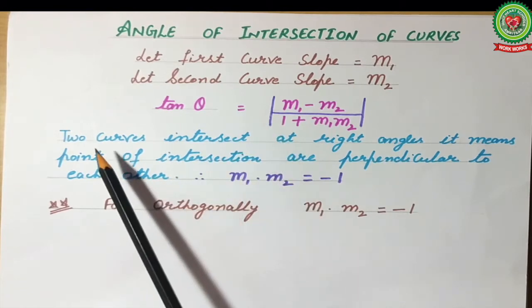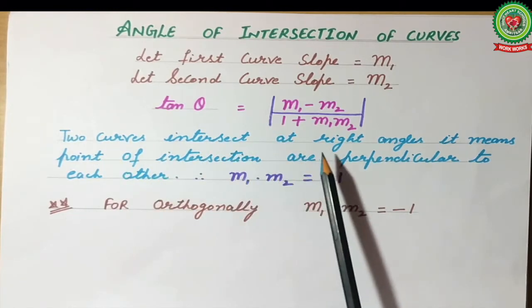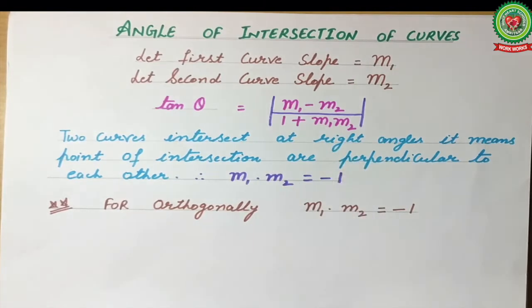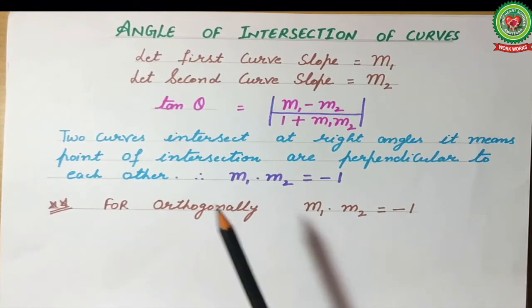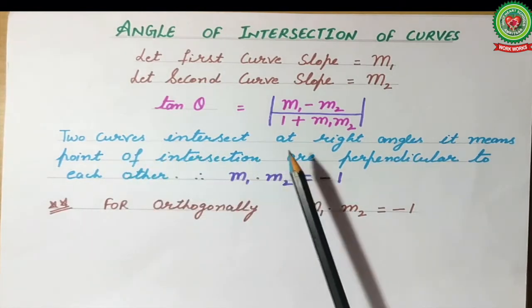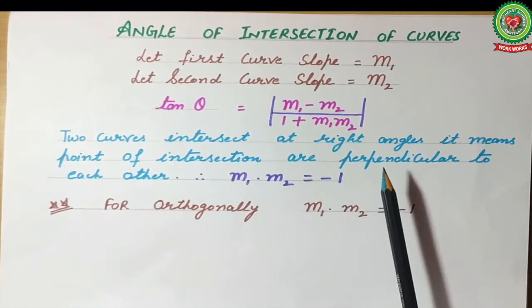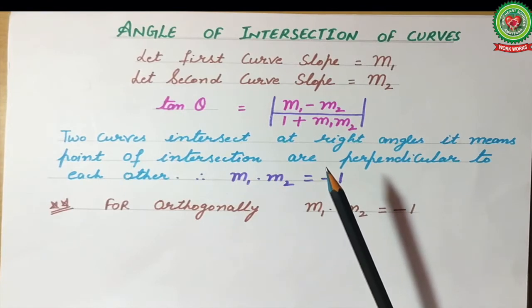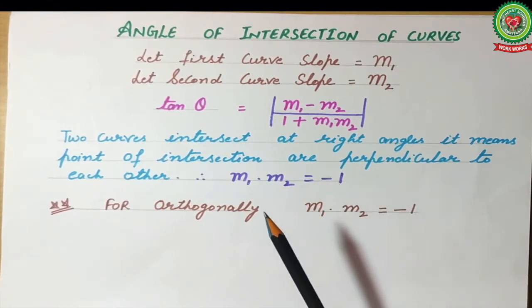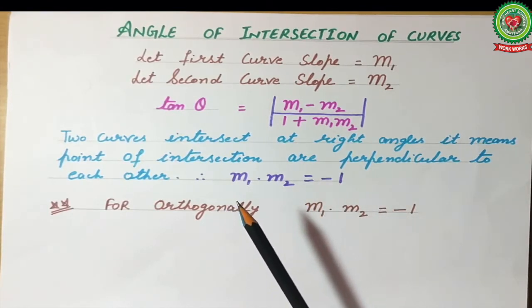Now suppose two curves intersect at a right angle. Right angle means perpendicular, 90 degrees, or normal. That means when two curves intersect at a right angle, the curves are perpendicular to each other at the point of intersection. That's why we apply the perpendicular condition. And what is the perpendicular condition?